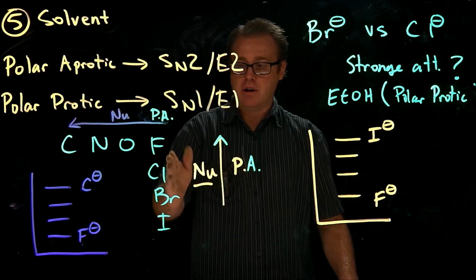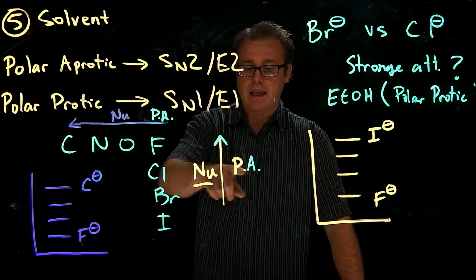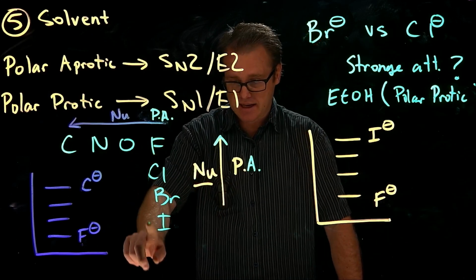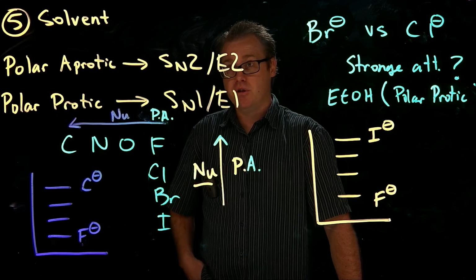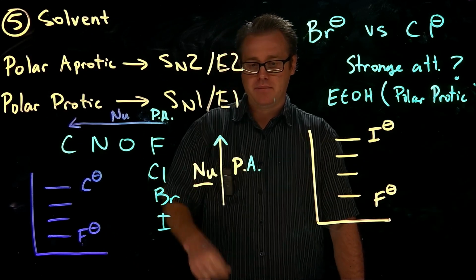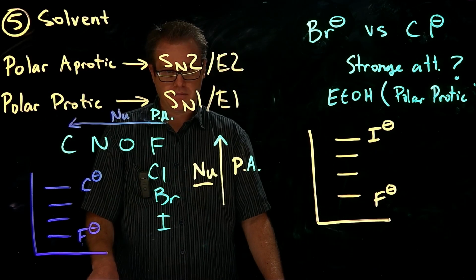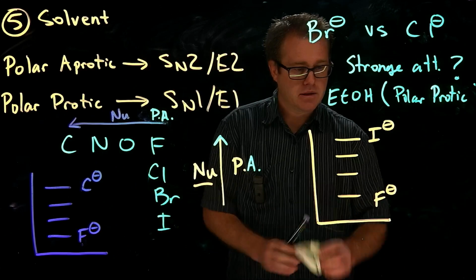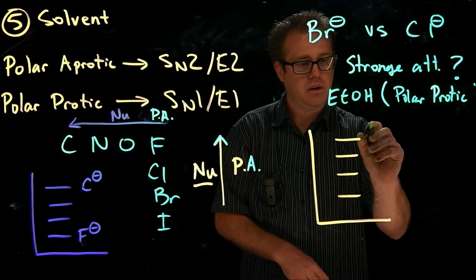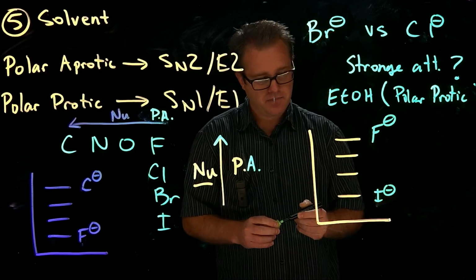So when we are looking down a group in a polar aprotic solvent, which species is going to be the stronger nucleophile? Well, it's going to be the fluoride. Okay, it's a complete switch. All right. So that would mean that we have to switch these. Our fluoride is now there, and our iodide is right there.